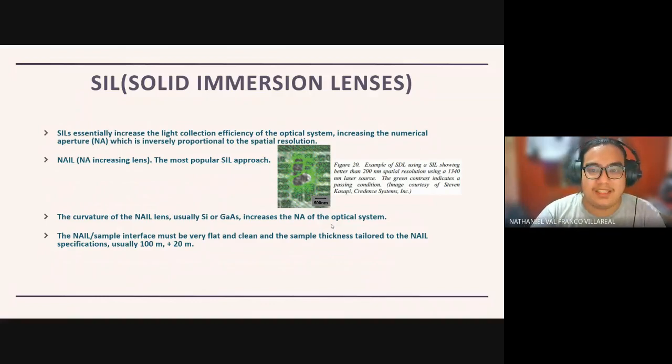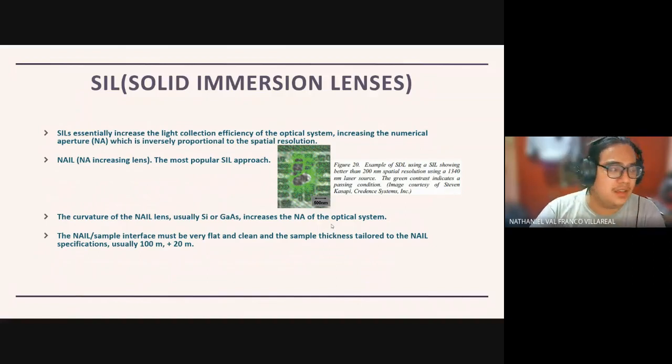One example of an SIL, and the most popular SIL approach, is the NAIL, or the numerical aperture increasing lens, immersion lens. As you can see in this figure, this is an example of an SDL using an SIL showing better than 200 nanometer spatial resolution using a 1340 nanometer laser source. The gain contrast indicates a passing condition.